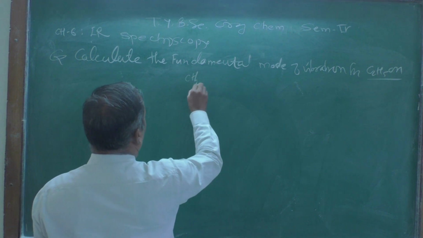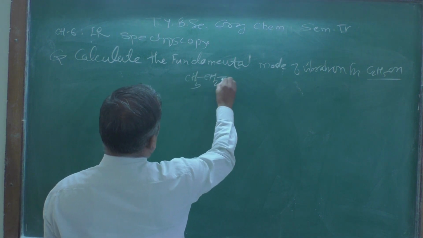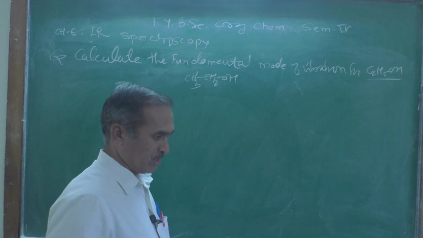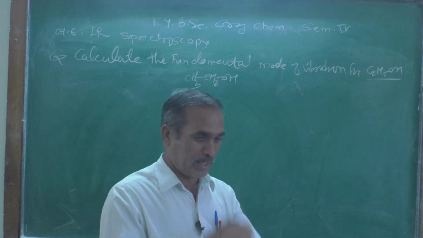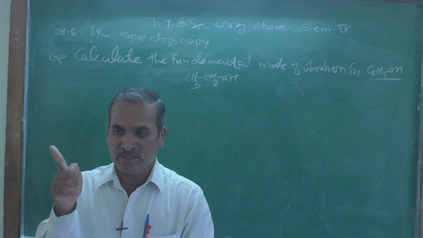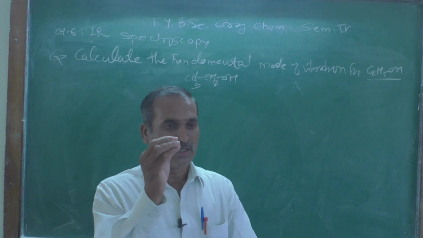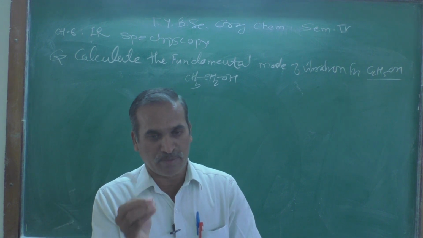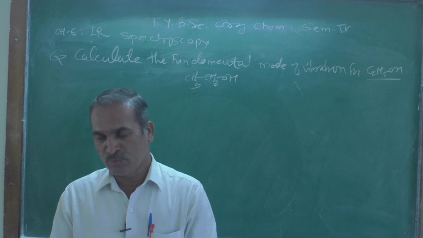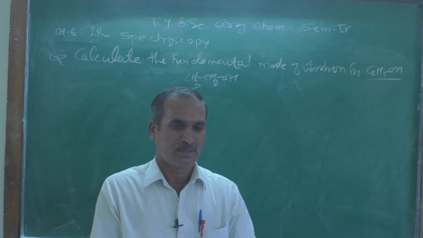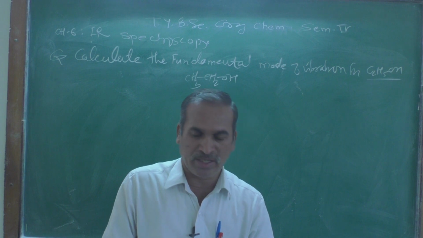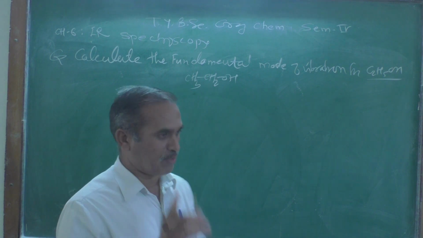We generally write CH3, CH2 and OH. Now tell me, what type of geometry does this molecule have, linear or non-linear?